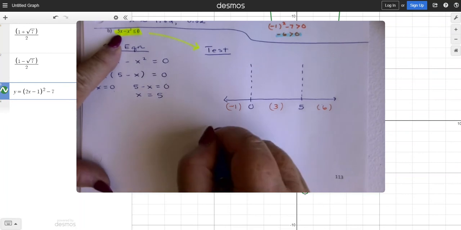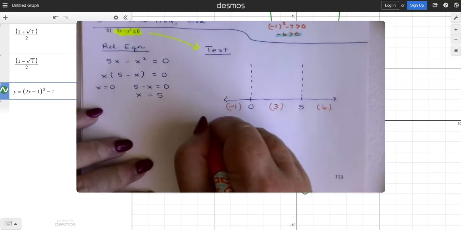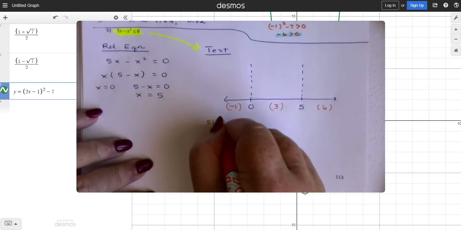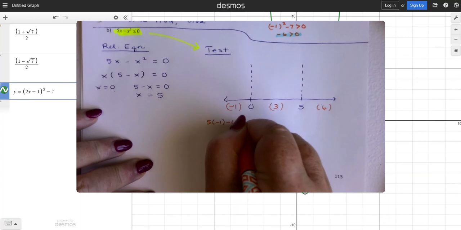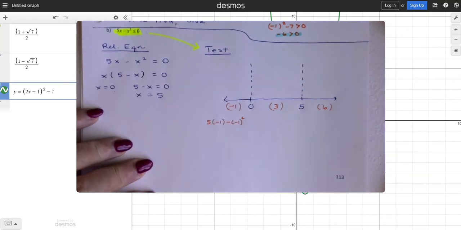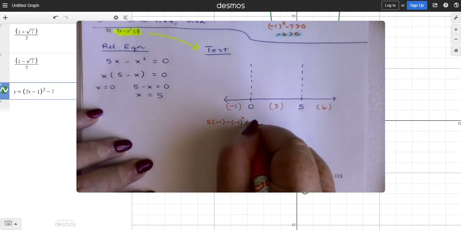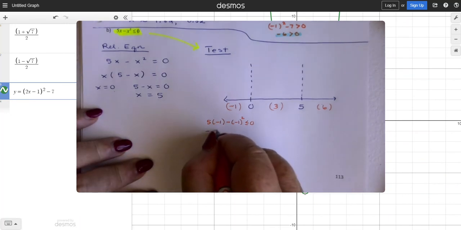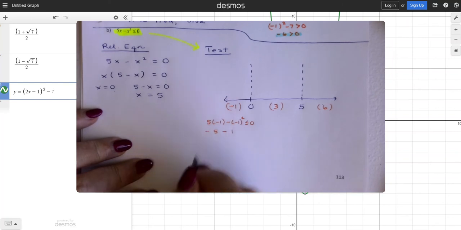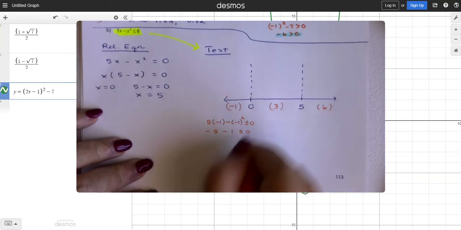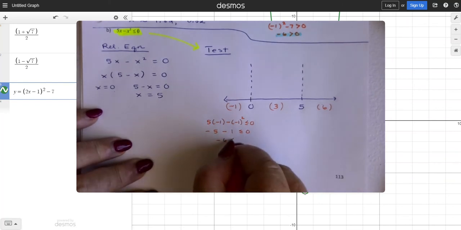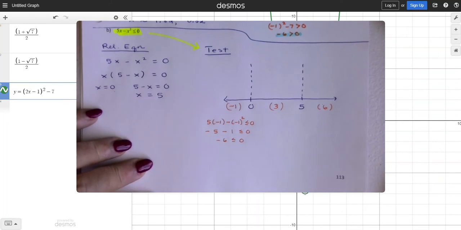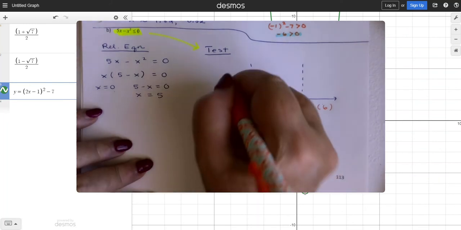If I plug in the negative 1, so 5 times negative 1, subtract negative 1 squared, and I want that to be less than or equal to 0, I have negative 5 minus 1 less than or equal to 0, and that's certainly true. Negative 6 is less than or equal to 0.